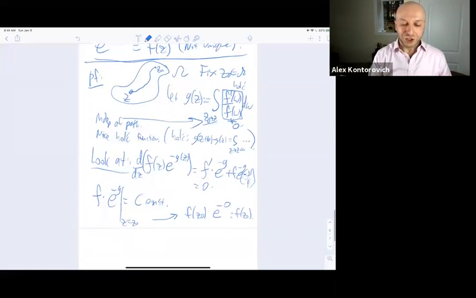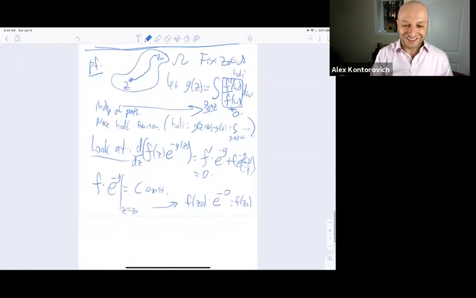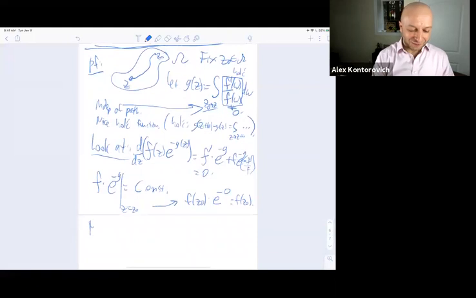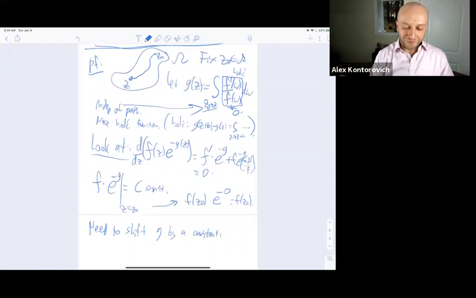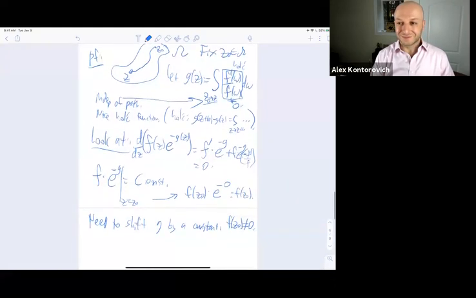That's easy. We just have to shift g. This is going to answer your question right now, Thomas. We need to shift g by a constant. Well, f of z0 is non-zero. So there's a choice of log.